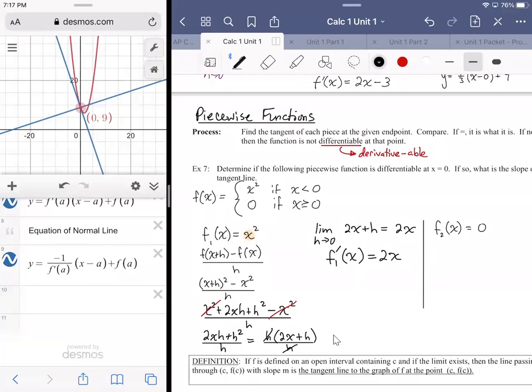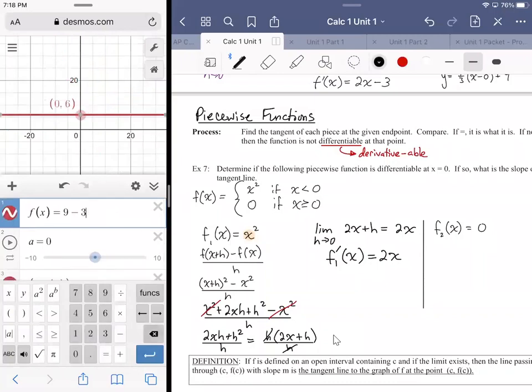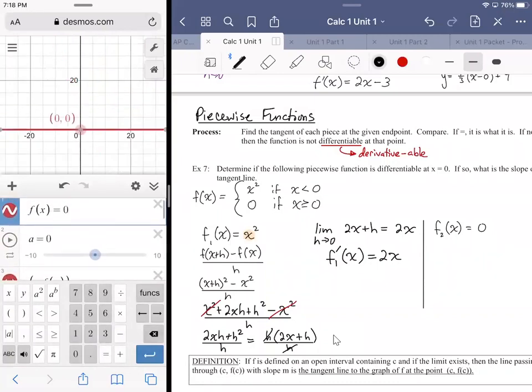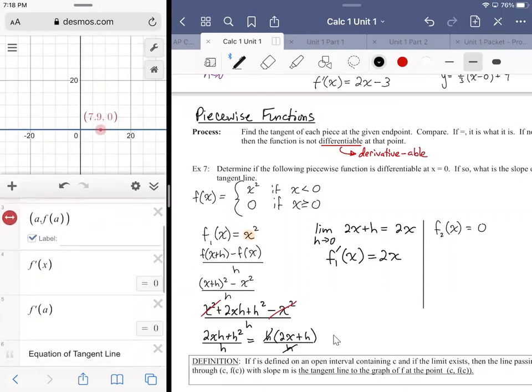So what we get at is the idea that the derivative of any kind of constant is always going to be equal to 0. And I could show you really quickly, just using the calculator here, pop in a 0. For any a value, the y value is going to be equal to 0.